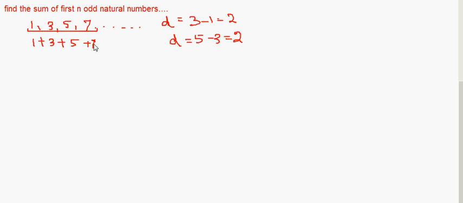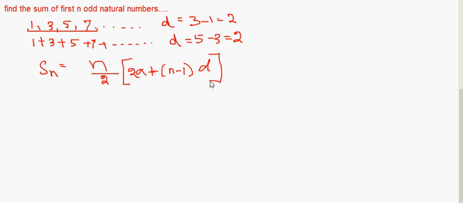Now we learned how to find out the sum of this AP. Our formula for Sn is n by 2. I'll be using the formula 2a plus (n minus 1)d because I don't know the last term. I will then not be using the a plus l formula.